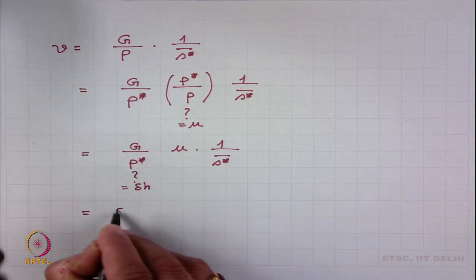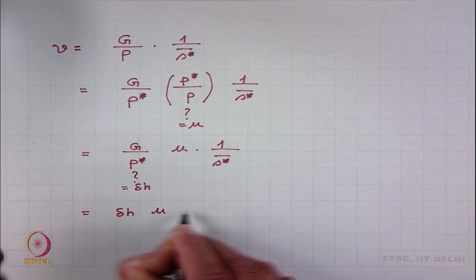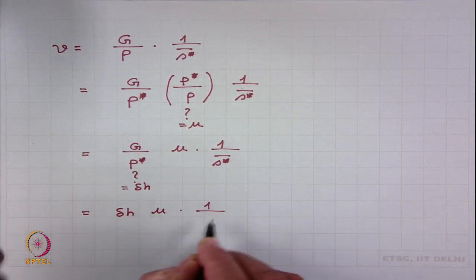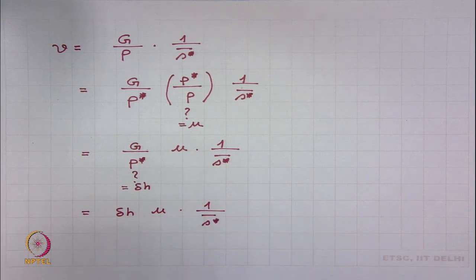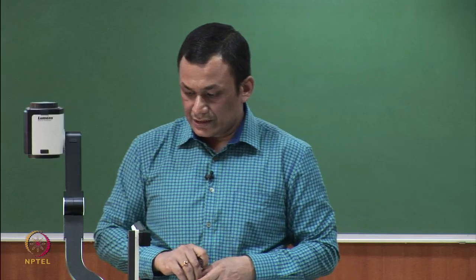So, delta H into mu into 1 by a star, right.